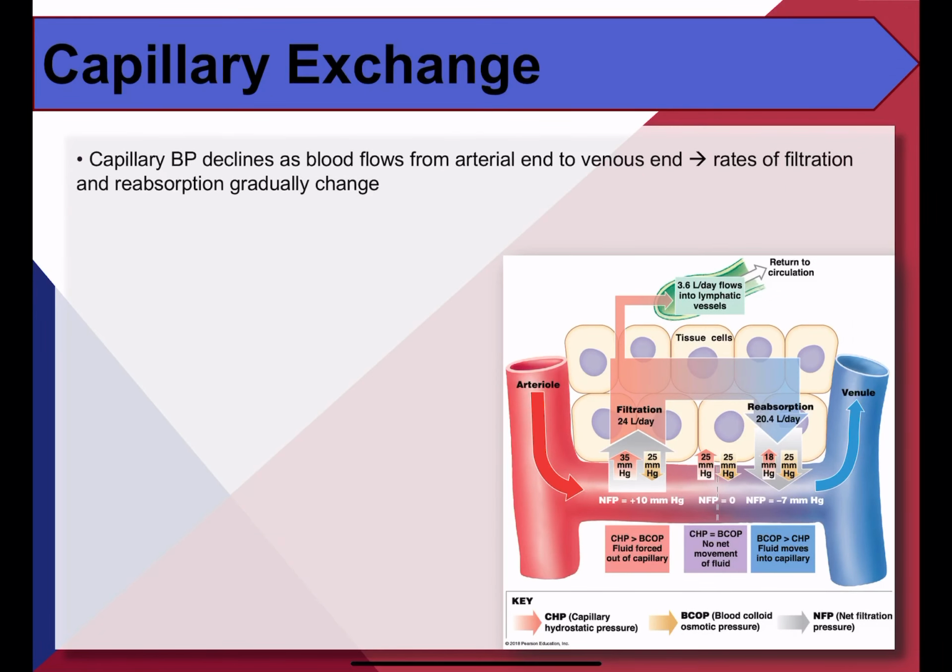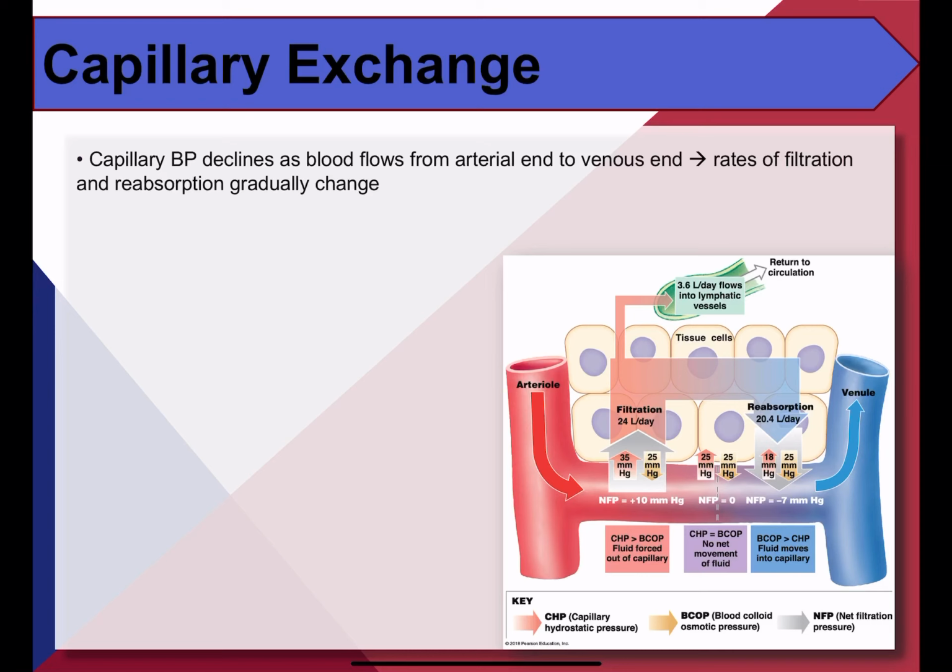Okay, welcome back to part 3 of chapter 21 on blood vessels and circulation. At the end of part 2, we finished introducing what filtration, reabsorption, and diffusion are, and at which end of the capillaries you have filtration or reabsorption.